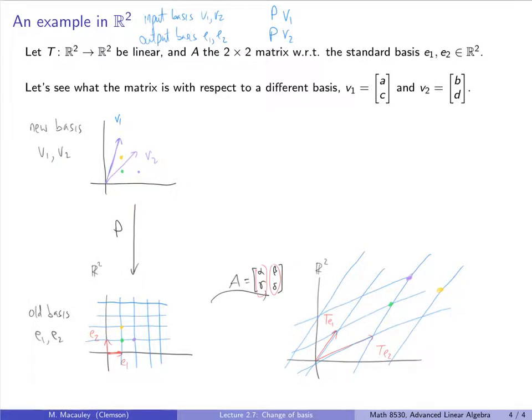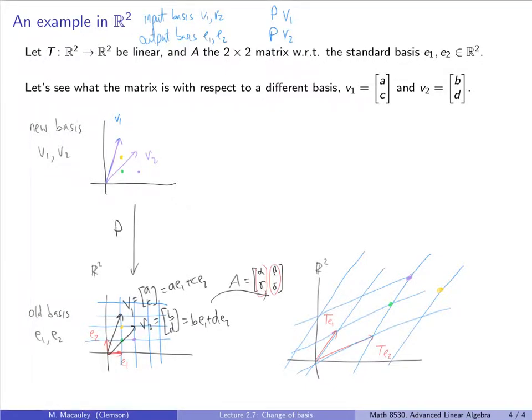But when we move down here with our standard basis, V1 becomes (A, C) and V2 becomes (B, D). So V1 is A E1 plus C E2, and V2 is B E1 plus D E2.